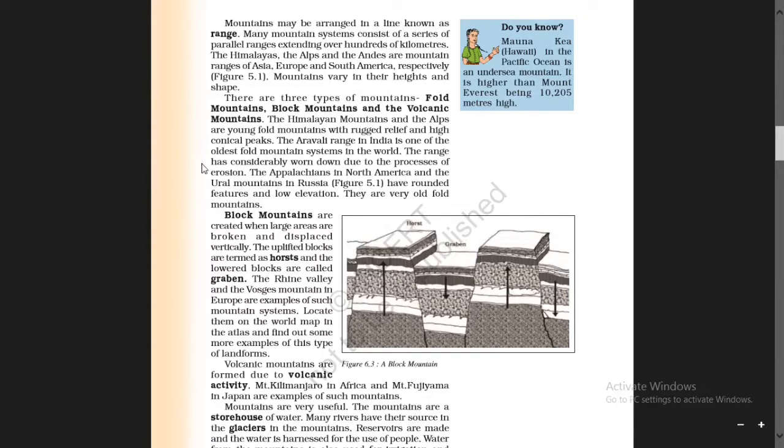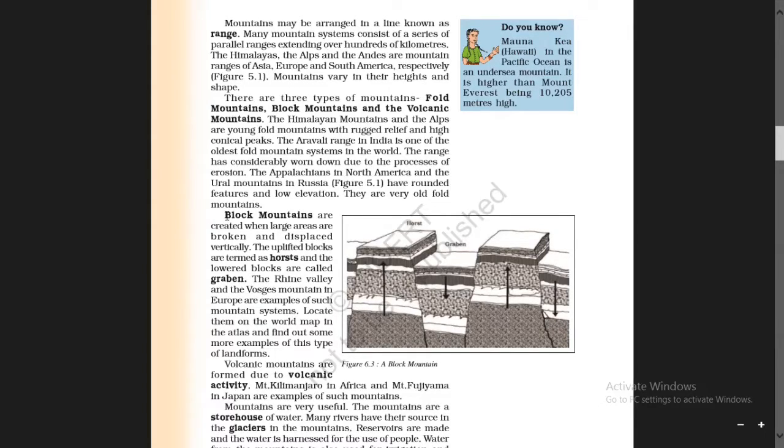The range has considerably worn down due to the processes of erosion. The Appalachians in North America and the Ural Mountains in Russia have rounded features and low elevation. They are very old fold mountains.